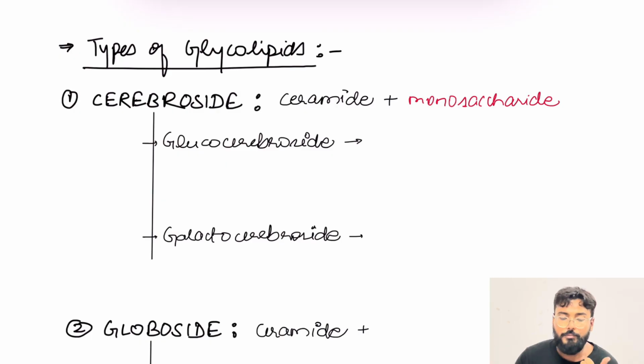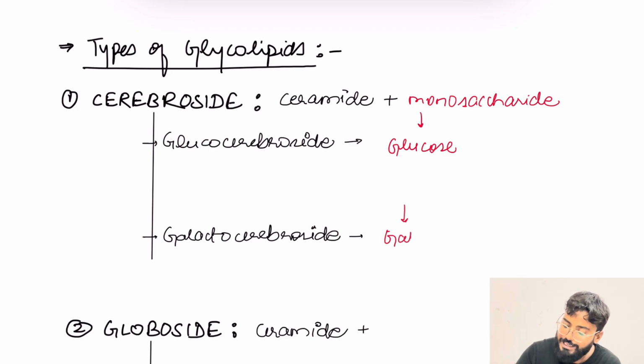Further, the cerebrosides are divided into two types: glucocerebrosides and galactocerebrosides. In the case of glucocerebroside, your monosaccharide is glucose, and in the case of galactocerebrosides, your monosaccharide is galactose.